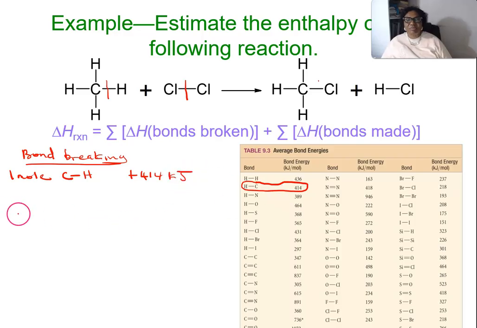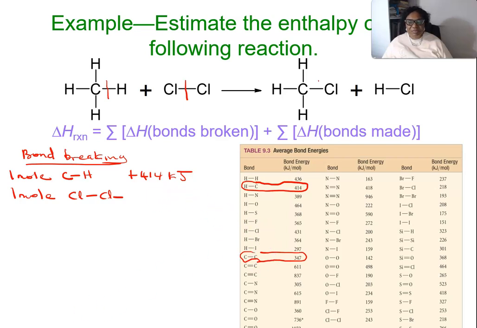We got it from the table. The next bond that is broken is 1 mole of chlorine bond. Let's see where it is.